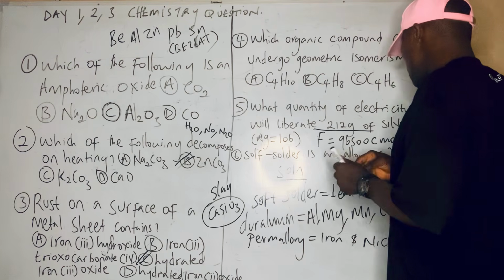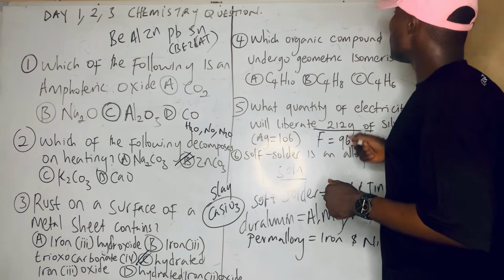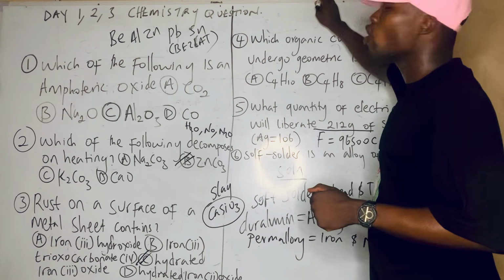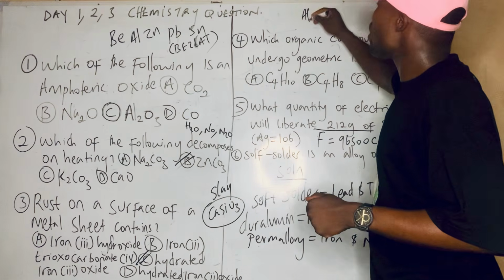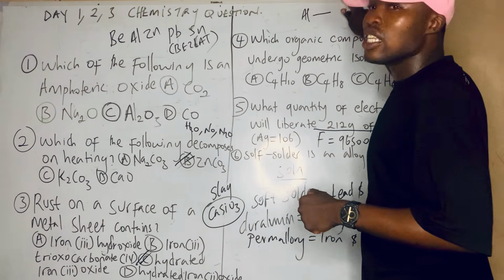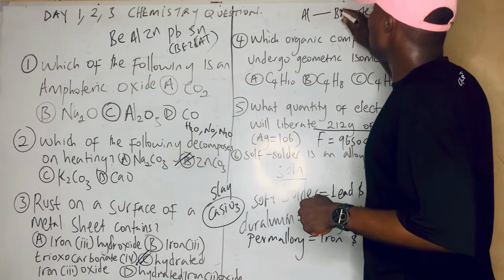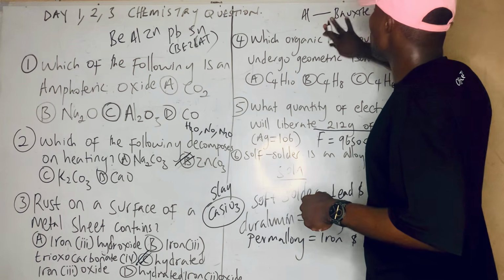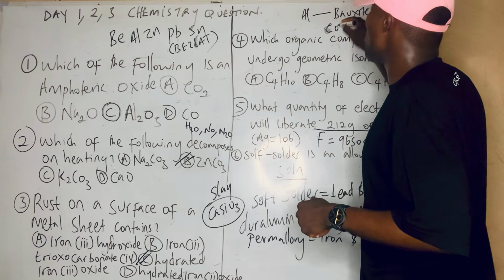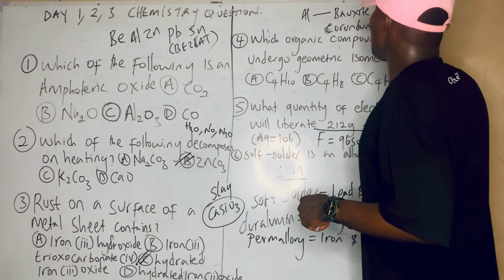So as I said before, when you talk about aluminium, the main ore of aluminium is bauxite. Bauxite has two forms. Another mineral of aluminium is corundum, which is different from bauxite.